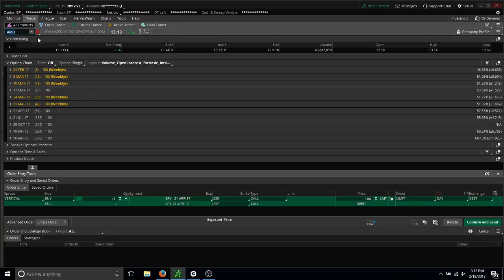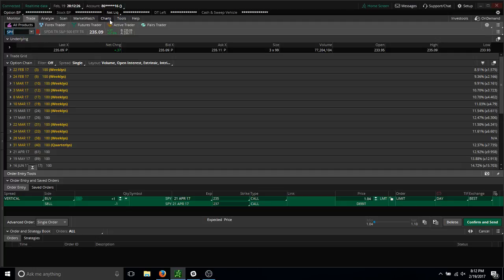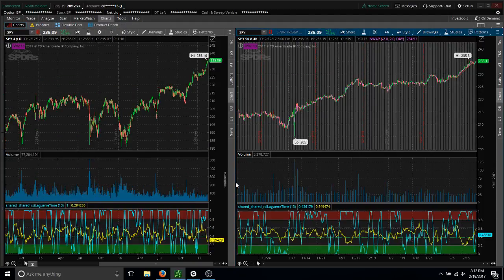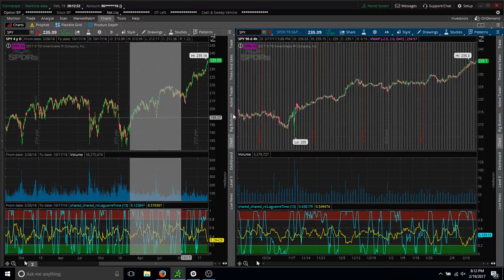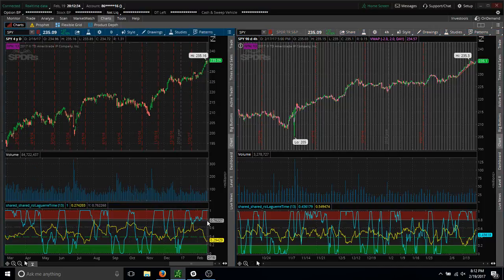Oh, that's what I was going to show you guys too, is the chart of the SPY. Alright, so we shorted, or we put the SPY the other day, and I just want to show you guys kind of what we were looking at on that.